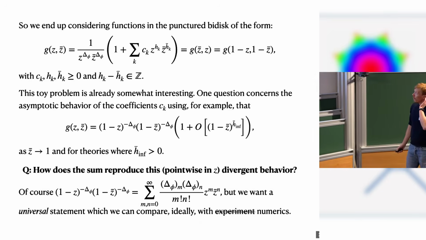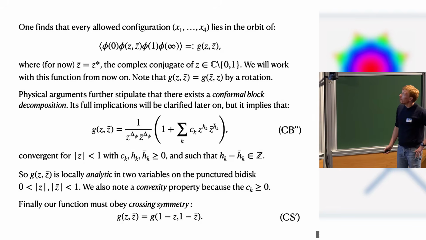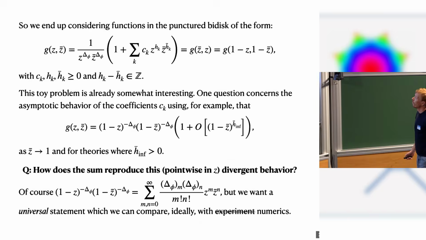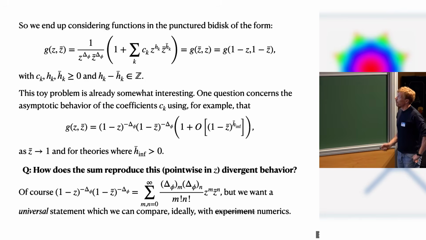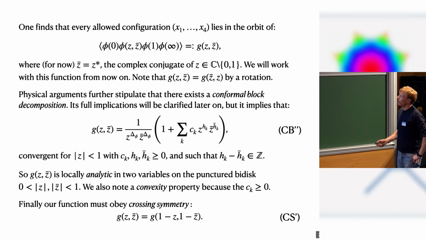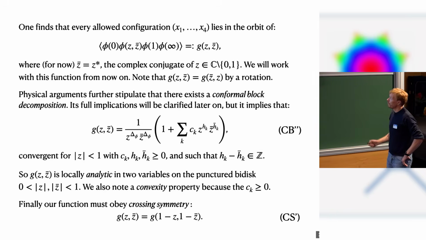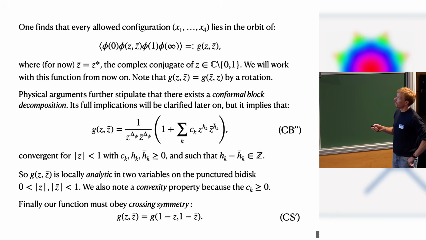So where did you use so far that h minus h bar is an integer? I did not. Well, the fact that it's single valued, no? Yes, h minus h bar must be an integer, because if I go to this configuration, where z bar is z star, and I send z to e to the 2 pi i times z, around the origin once, the z bar must go in the opposite direction.